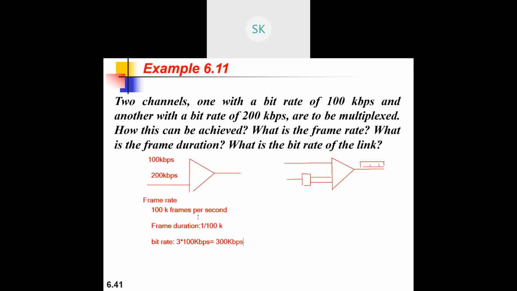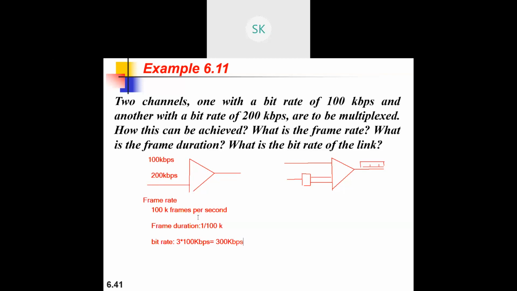What will be the bit duration? Sorry, frame duration has been given. Yeah, frame duration. Sorry, not 100 kbps.